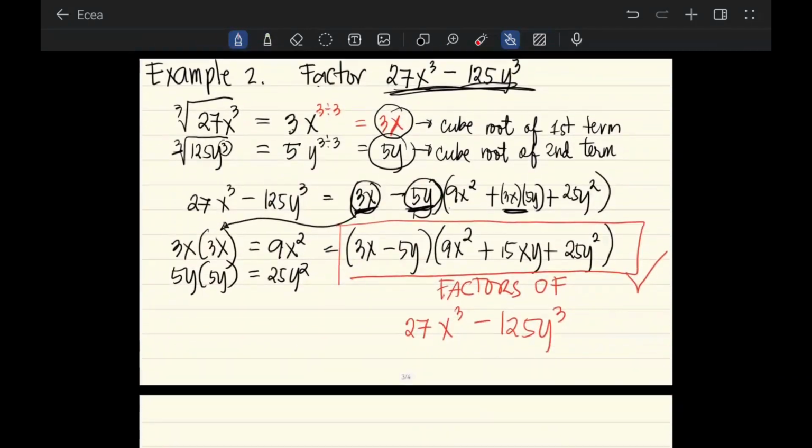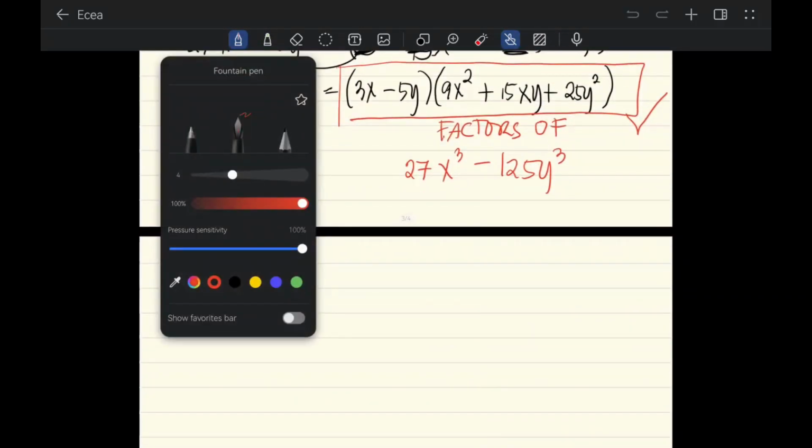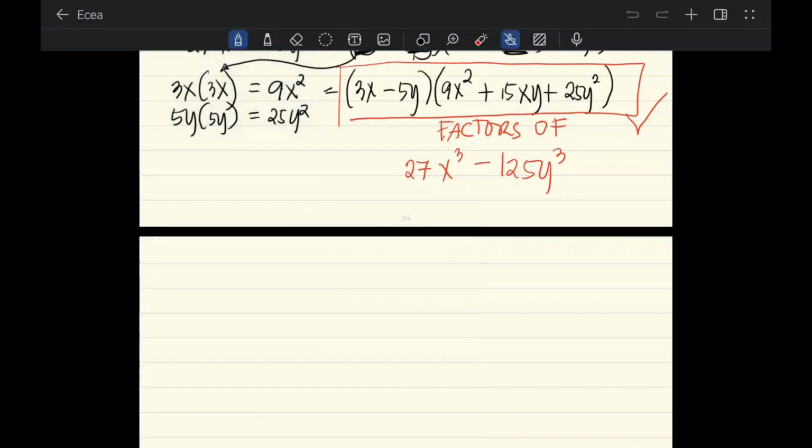Okay, now let's have example number 3. Para klaro pa jud, let's have another example.